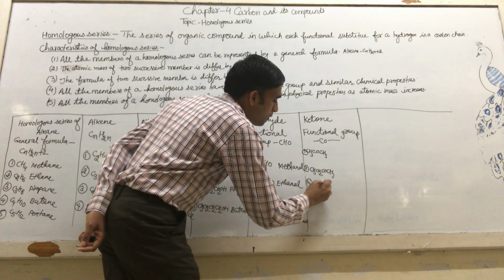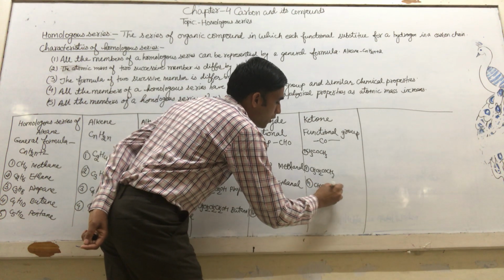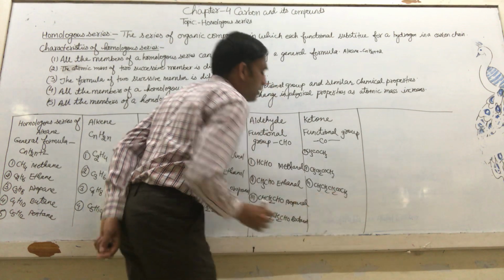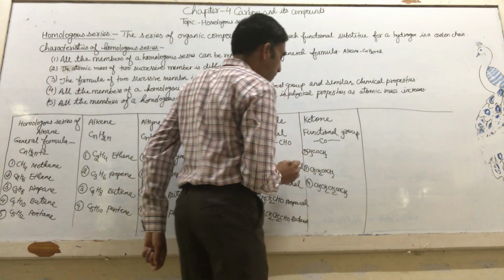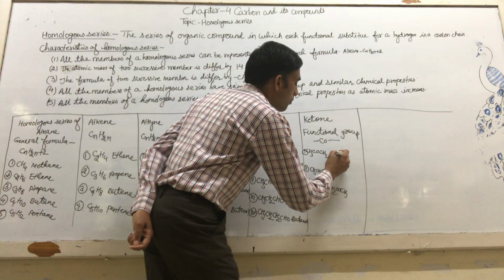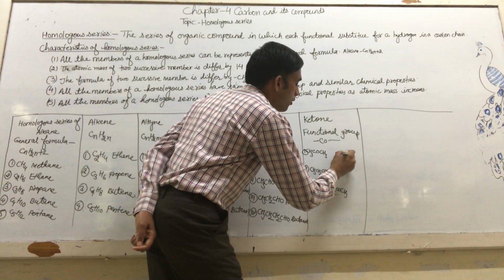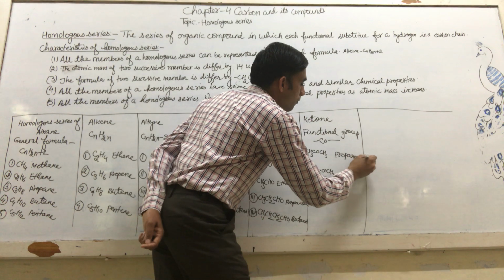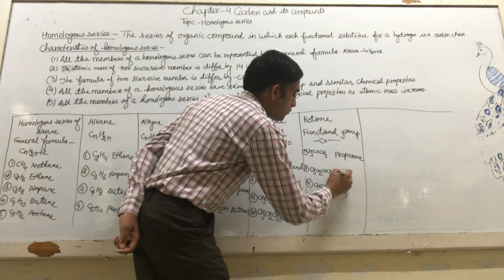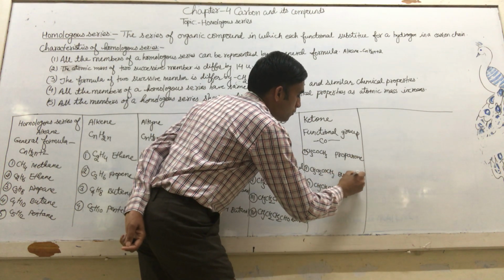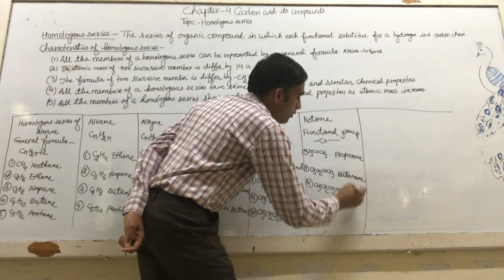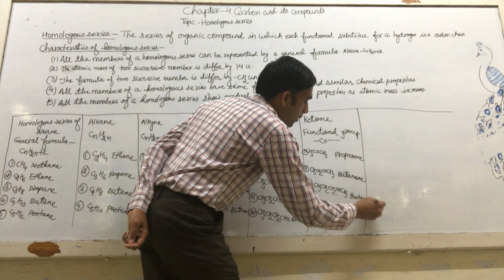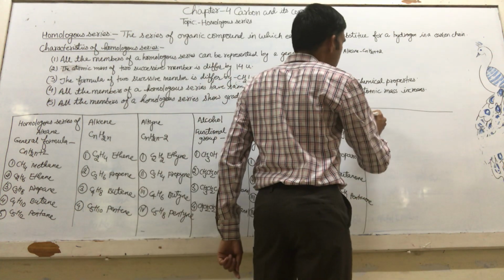The third member is CH3CH2CH2COCH3. Then butanone, pentanone, and last is carboxylic acid.